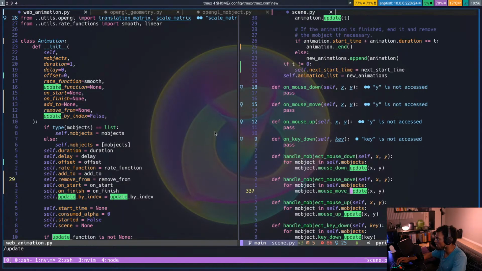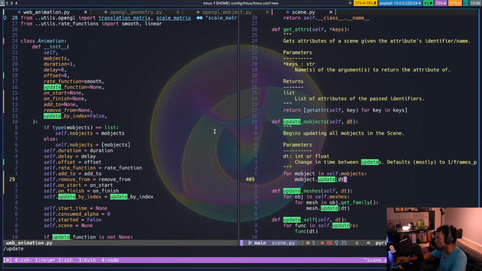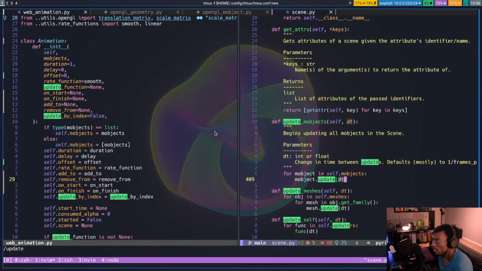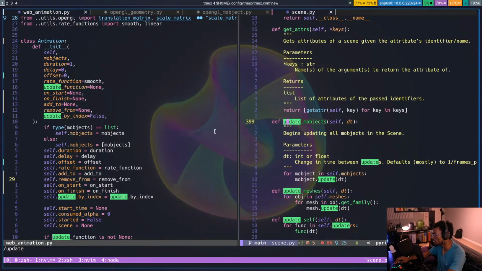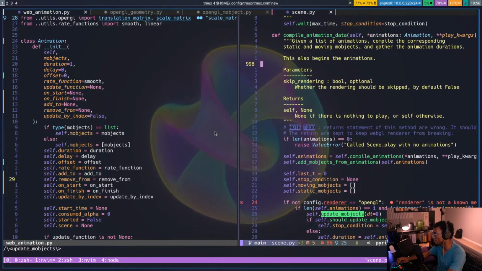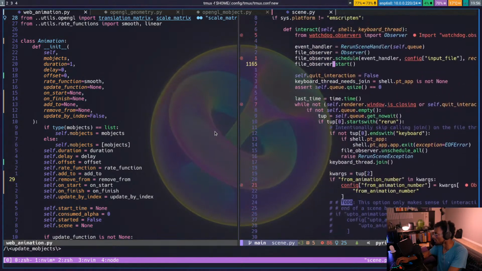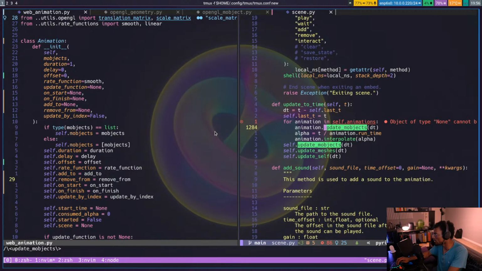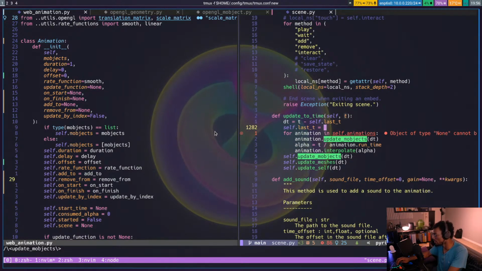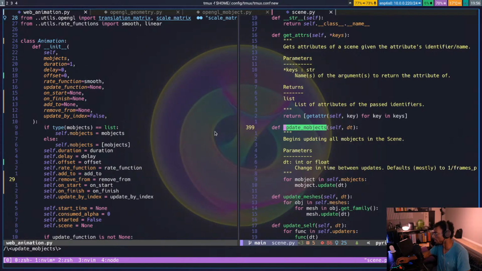There's animation.update. Oh yeah, mobject from object itself.mobjects, object.update. But I think this is only called in play or something. Compile animation data. Interact. Update to time. This is called from play. But I don't think this is called automatically anywhere, at least not in the WebGL logic. Unless I did do that.